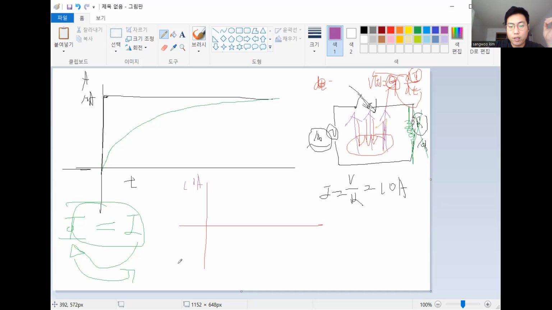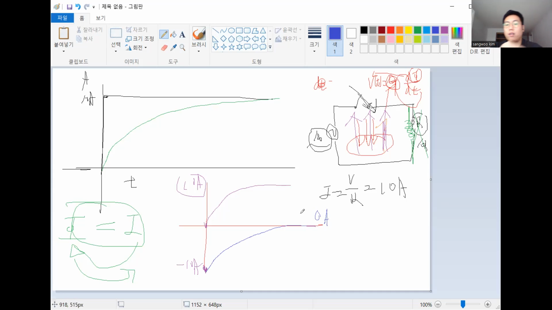So look at that. 10 ampere here, and here is minus 10 ampere. When we close the switch, I put in 10 ampere, but because of inertia, it makes minus 10 ampere. So 10 and minus 10, that's why it starts at 0 and then slowly rises like that. I said the inductor suppresses the sudden change of current, right? So the inertia disappears like this. Here is 0 ampere.